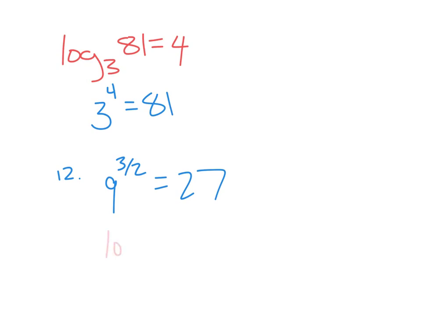Log base 9 of 27 equals 3 halves. Is that okay? Seems easy enough.